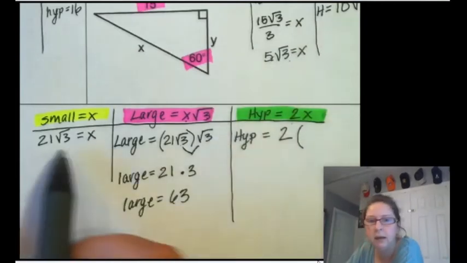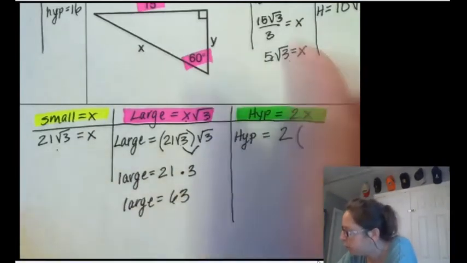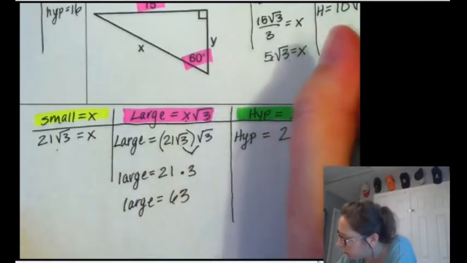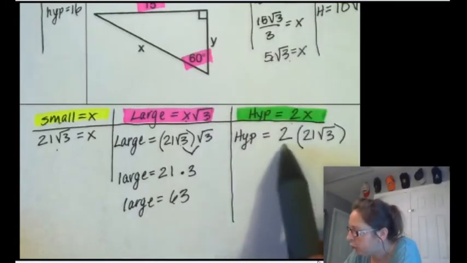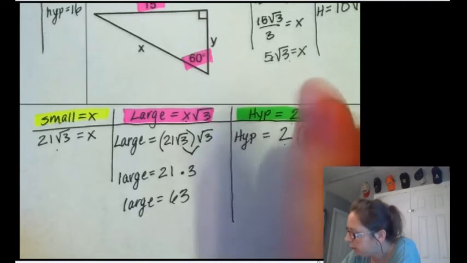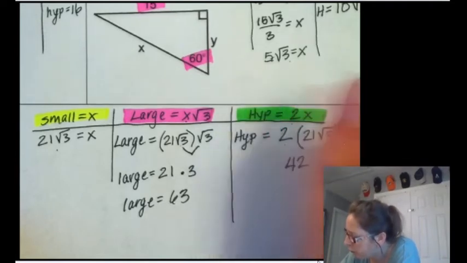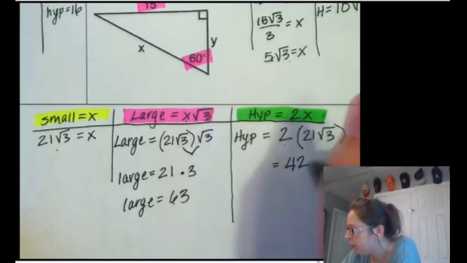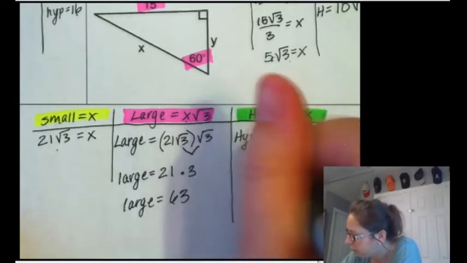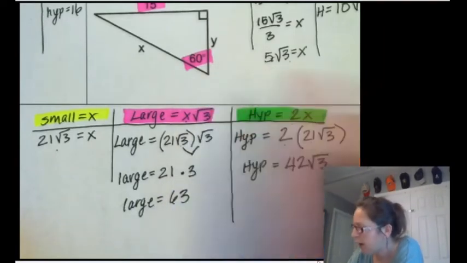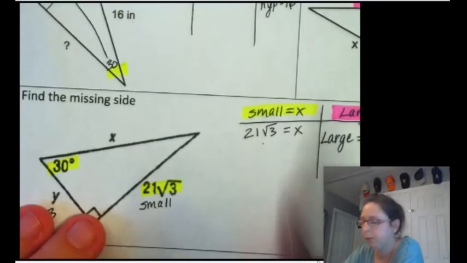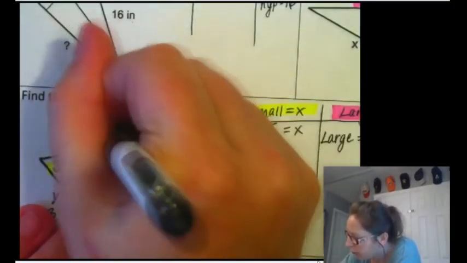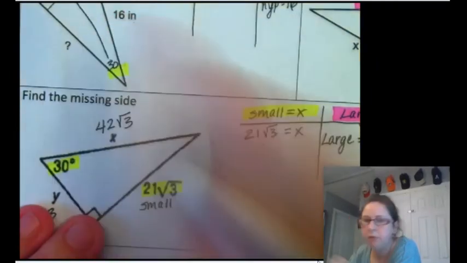Well, x is 21 square roots of 3. So I'm going to multiply these. I get 2 times 21 is 42. Bring down the square roots of 3. And that is the value of the hypotenuse. So I'm going to write this over here. 42 square roots of 3.